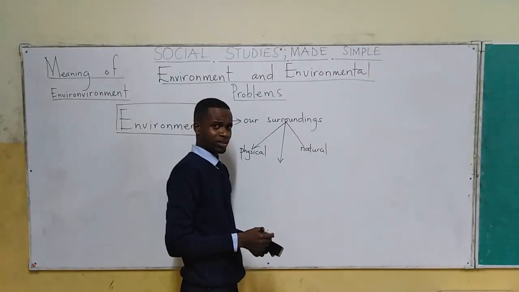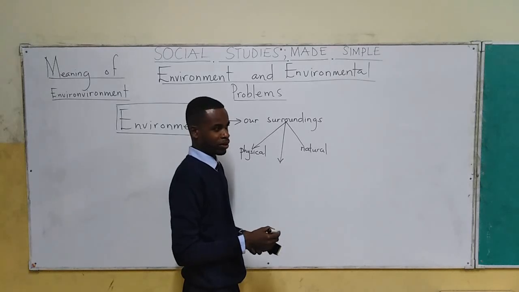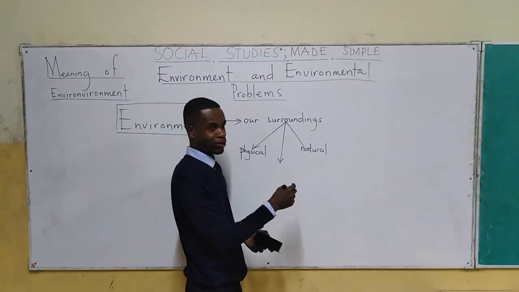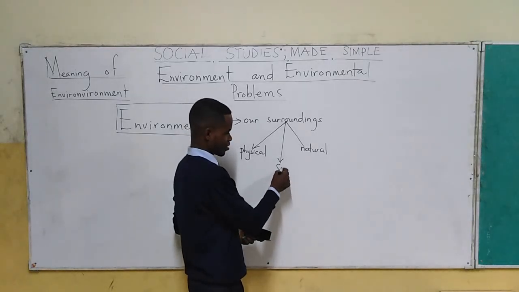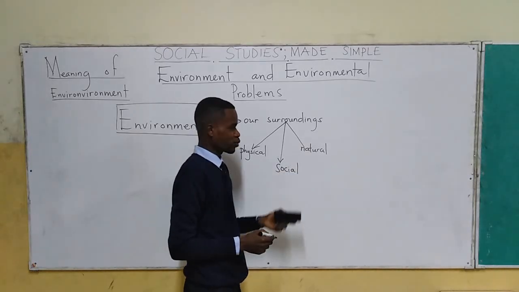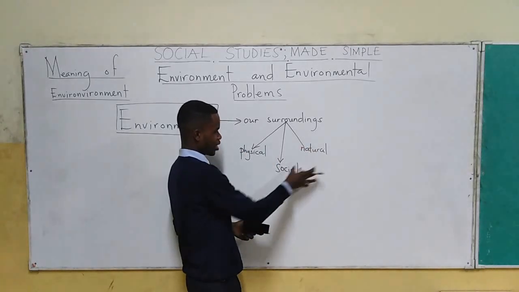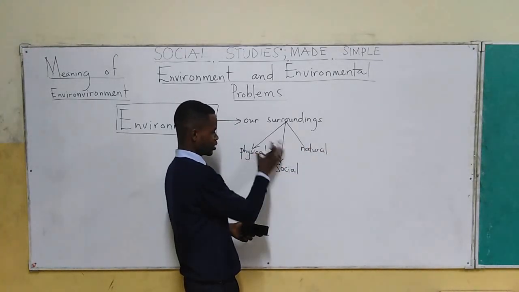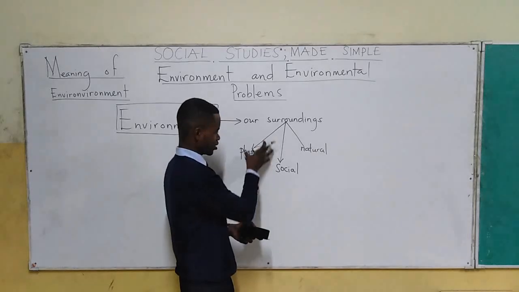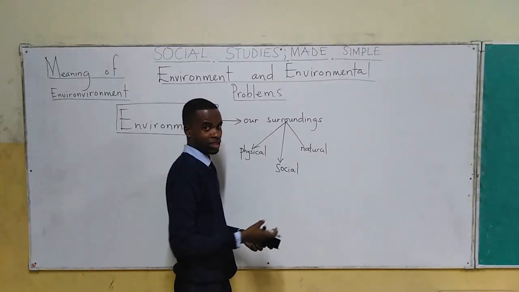There's one aspect that concerns humans a lot, but we do forget to talk about it. Perhaps you don't know the name for it. That's our social environment or social surrounding. Because we are always seeing these ones, the natural things which we can see as physical things, and then we also have the artificial ones.